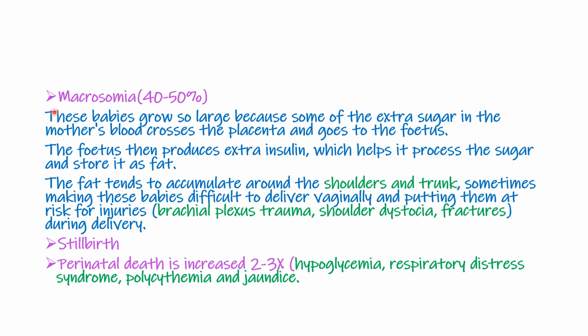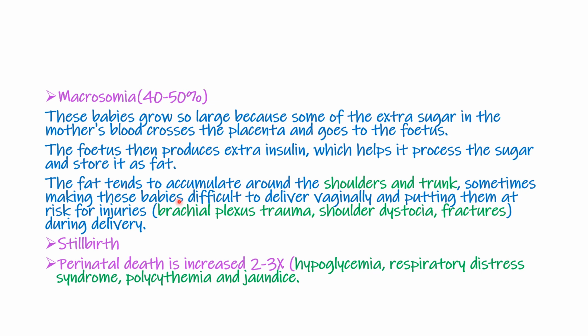In addition to that, you'll also have macrosomia, which we talked about, and its incidence is 40 to 50%. This is because these babies grow large, as I said before, since we have extra sugar in the mother's blood, which will cross the placenta and go to the fetus. And then the fetus produces extra insulin, which helps it process this sugar and store it as fat.